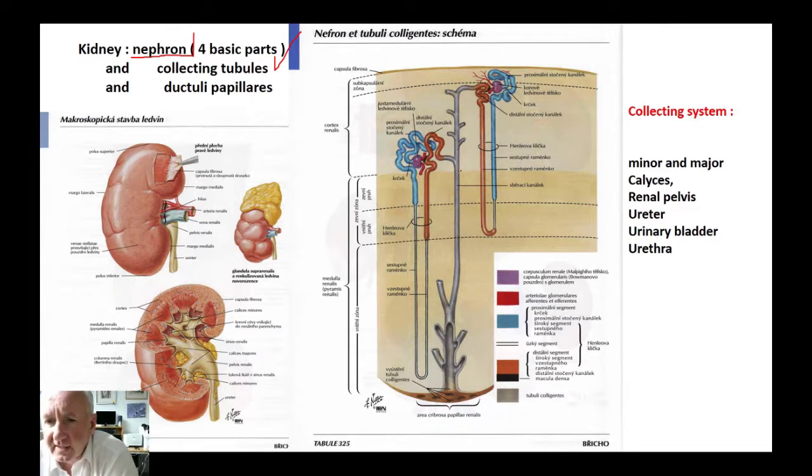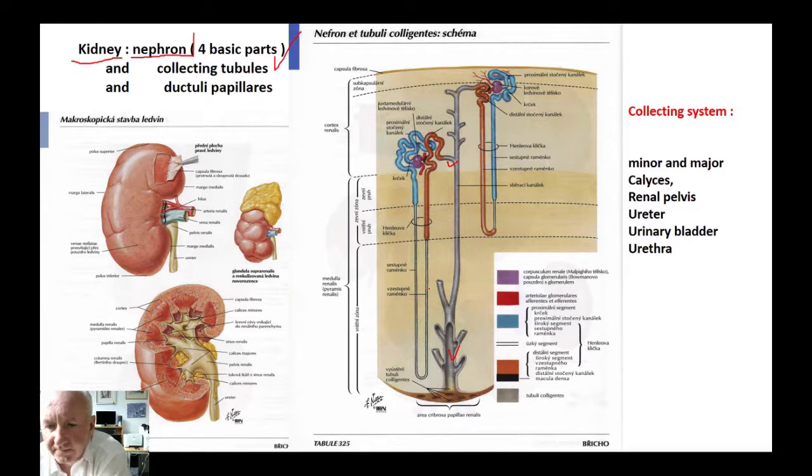In the gray color you see the collecting tubules, which are opening and collecting together the urine into those a little bit bigger tubules, which are called ductuli papillares. So, collecting tubules and ductuli papillares are not anymore the part of a nephron.